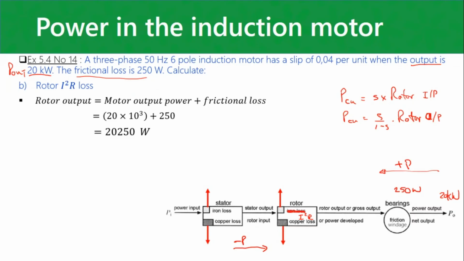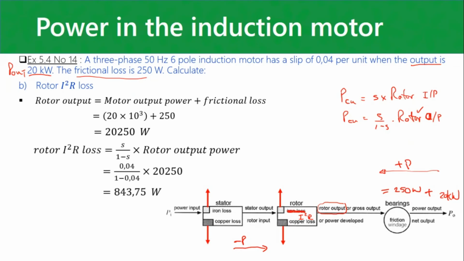Okay, rotor output is motor output plus frictional loss, that plus that equals rotor output power. So we have this. They give us slip of 0.04. Then, of course, we can work out now the rotor I squared R loss.